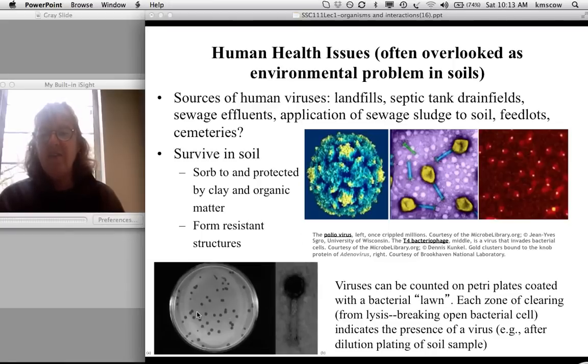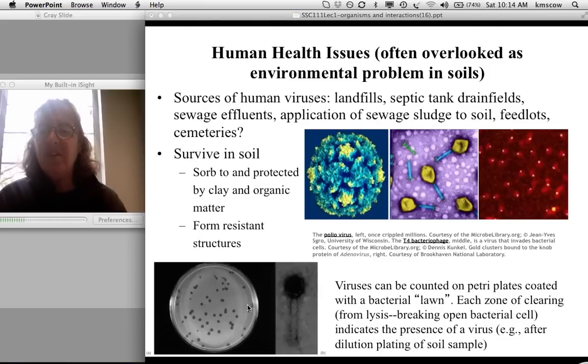And we can count viruses the same way that we count bacteria on Petri plates, by growing up a lawn of bacteria, like this continuous sort of just film of bacteria on a Petri plate. And then you take your soil and dilute it in the same way that you did for your bacteria.